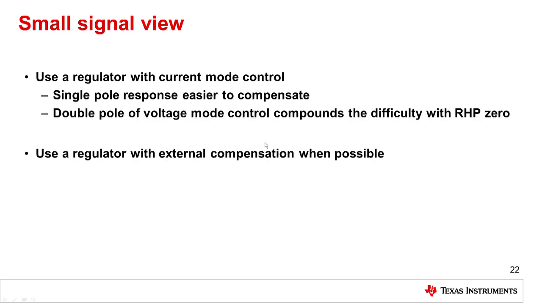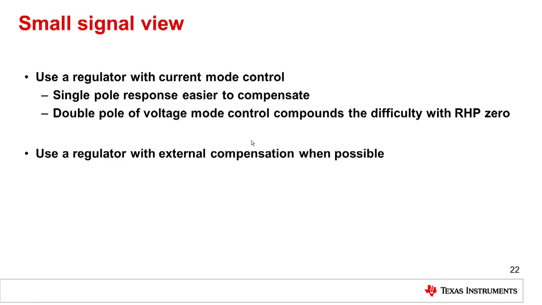The other thing we should mention is that there are two different control methods with any regulator, and that is voltage mode or current mode. And we recommend that if you're going to take a buck regulator and use it as a buck boost, you use a current mode type regulator. The single pole response is much easier to compensate in that case.